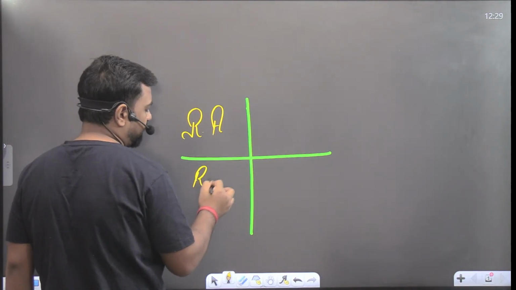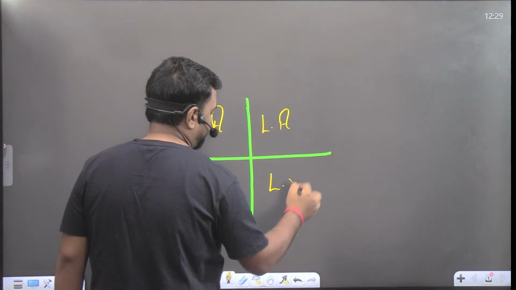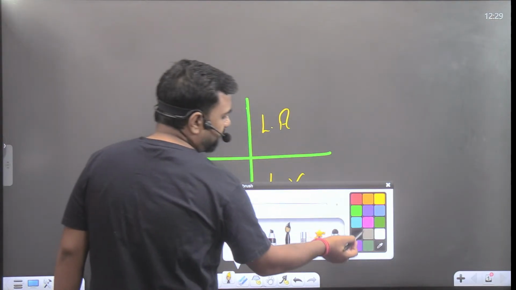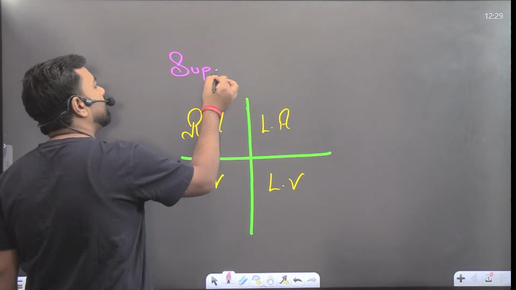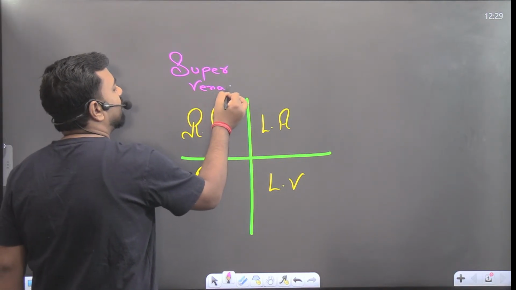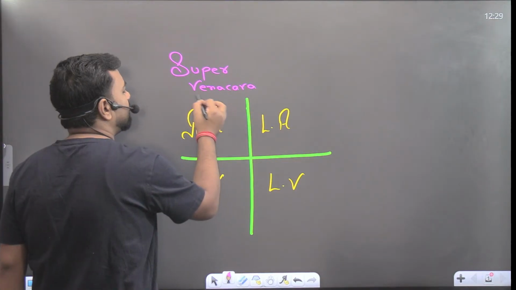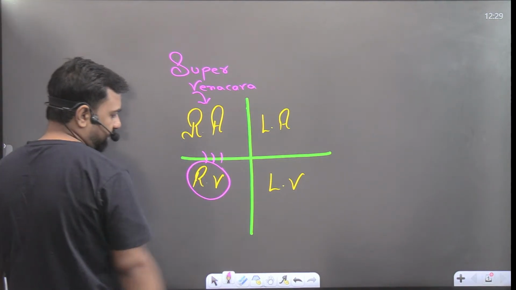This is right ventricle. This is left atrium. And guys, this is left ventricle. Now the blood actually comes from the superior or inferior vena cava. It enters into the right atrium via the tricuspid valve and reaches the right ventricle.